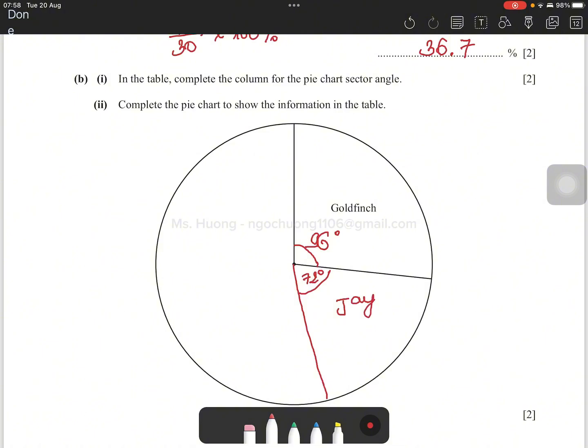And then starling, 132 degrees. This angle is 132 degrees. And finally, the last one is robin, which is 60 degrees.